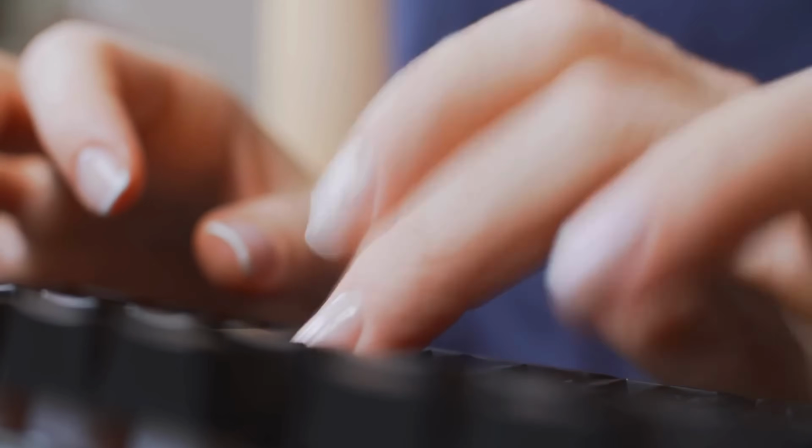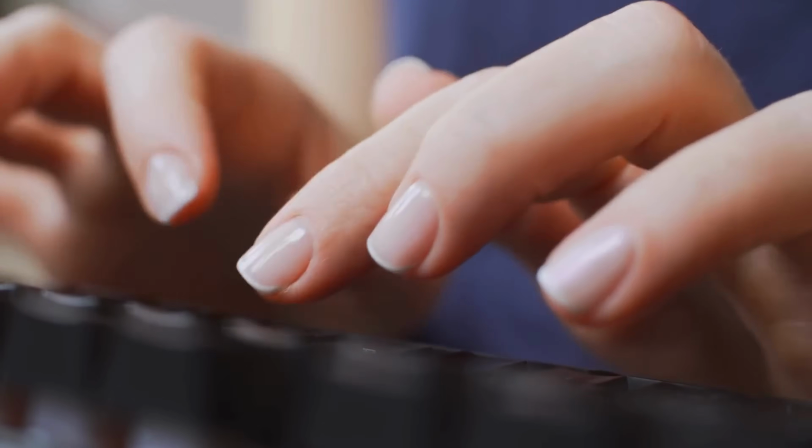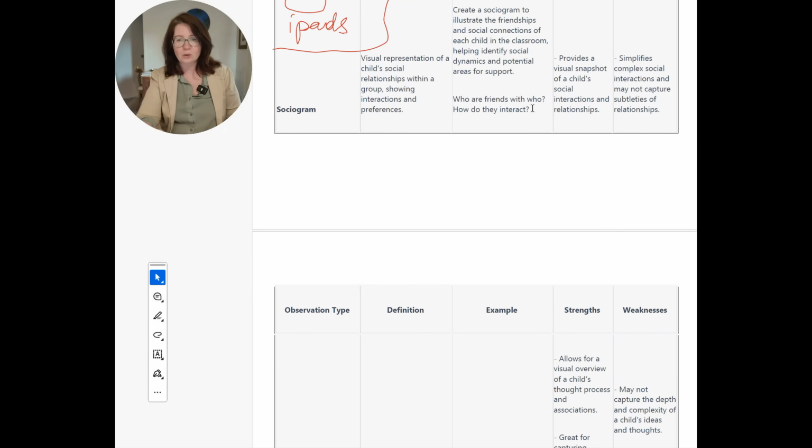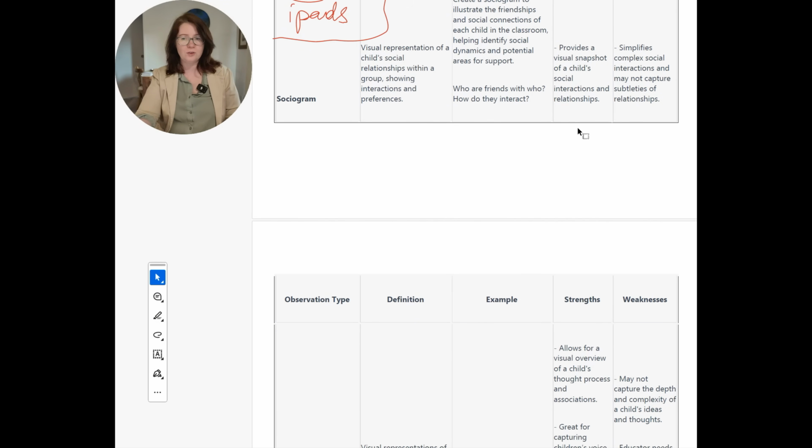You need to create a sociogram to illustrate usually connections, friendships. I did play preferences, so where do they go? But I think who their friends are and how do they interact with their peers is probably the most important question for this age group. And it provides good visual snapshots of how they interact. Is it one-way communication? Are there attempts by other children to interact with this child?